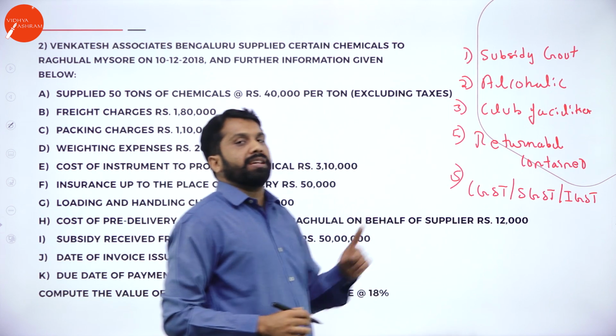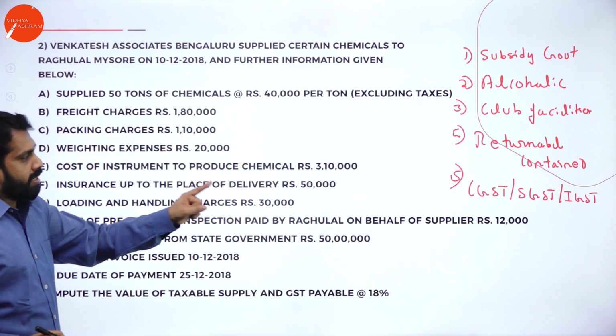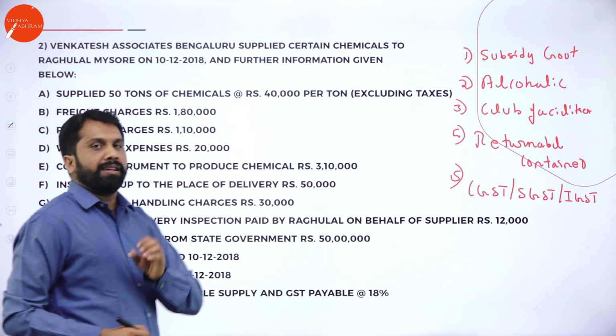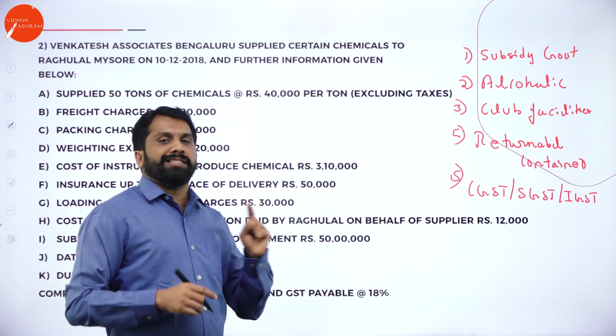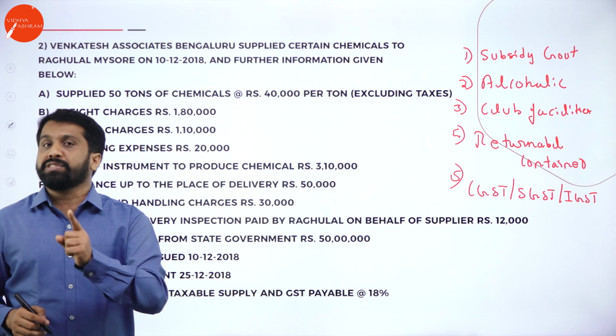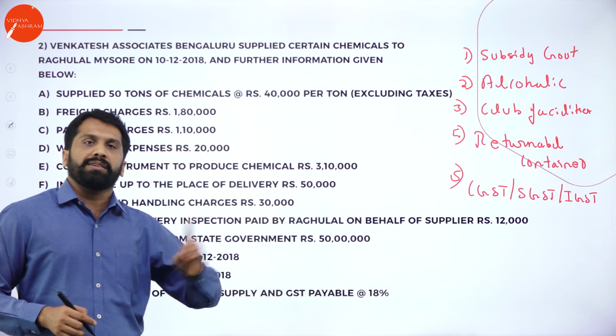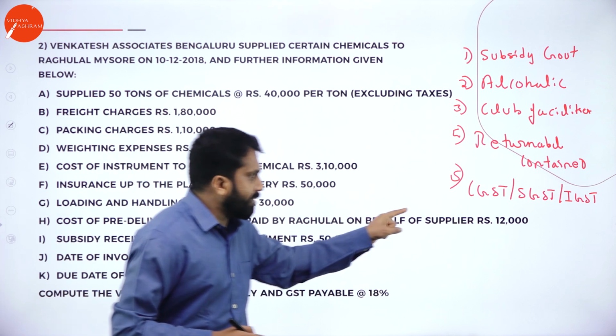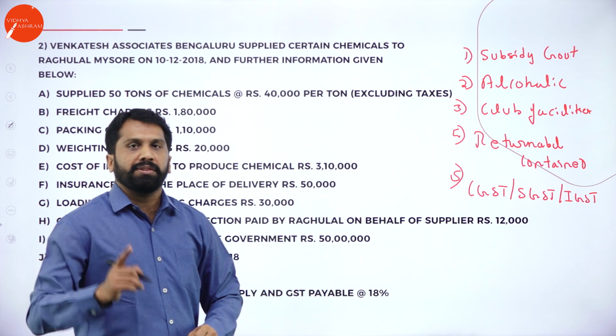You have to ignore. You are not supposed to consider CGST, SGST and IGST in the calculation of taxable value. In case in the question paper they have given municipal tax, you have to consider the municipal valuation. Only these things we are not supposed to take.